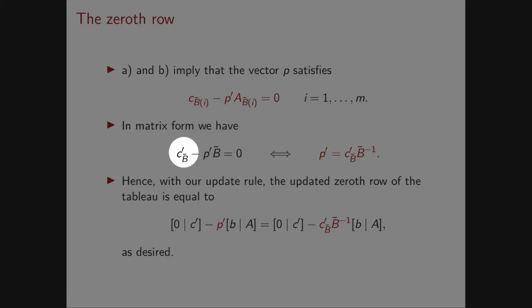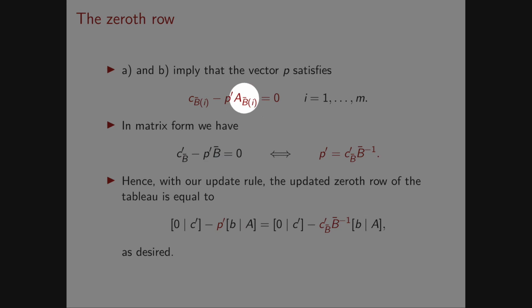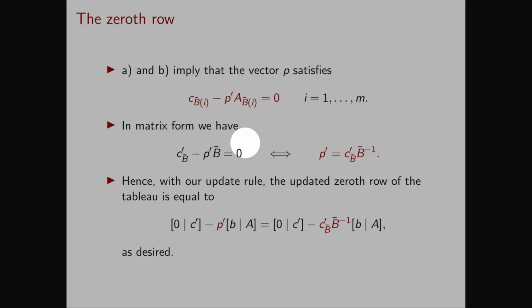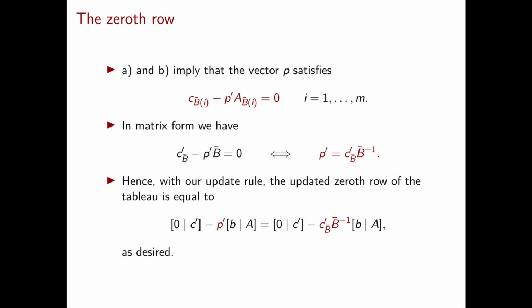C B bar transpose minus P transpose B bar equal to 0. And this is because B bar has columns A B bar I. Now we can solve this system by simply multiplying on the right by B bar inverse, and we obtain P transpose equal to C B bar transpose B bar inverse. And this is exactly what we needed to obtain.